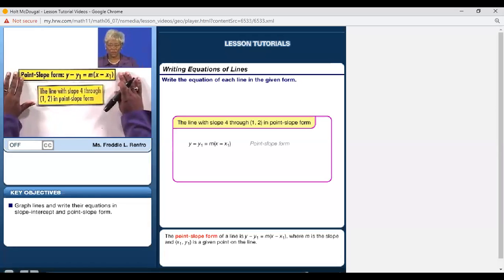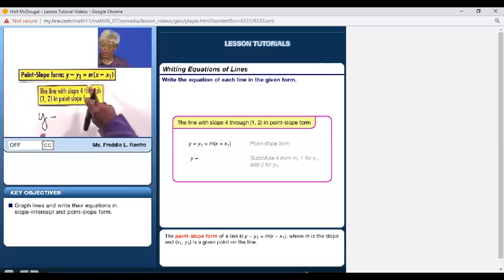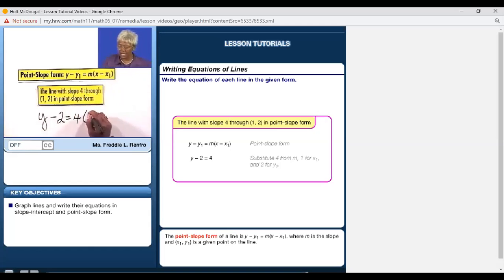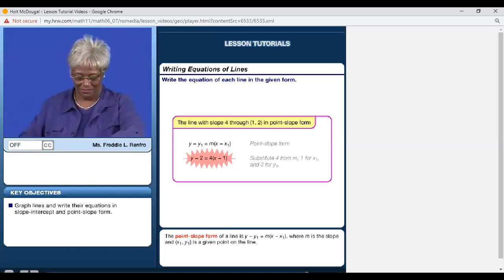Well, according to the form, it says y minus y sub 1, in this case it's 2, is equal to the slope, which is 4 here, times x minus, and the x coordinate is 1. We're through. Let's do another one. That one's simple.